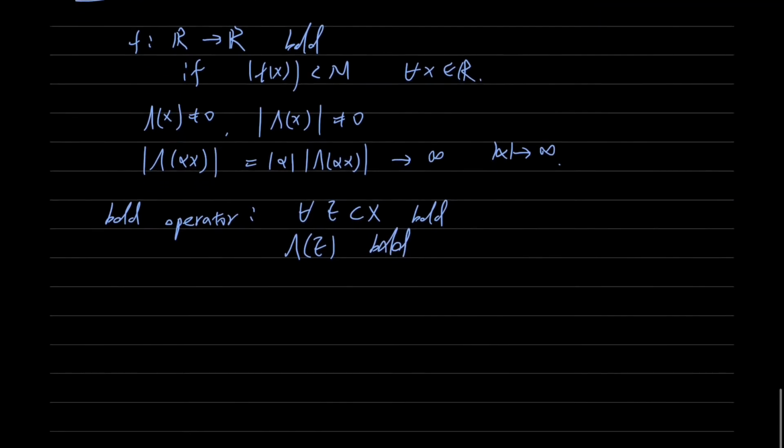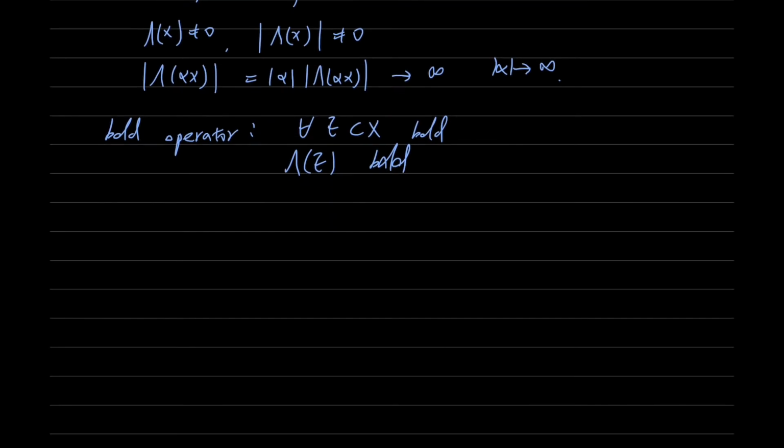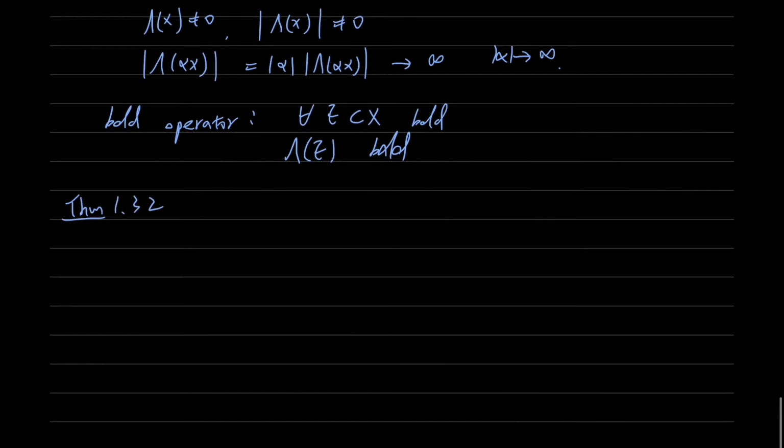So under this definition, we can derive some properties of the linear operators. So theorem 1.32: we have that X and Y are two topological vector spaces, and lambda is a linear operator from X to Y.